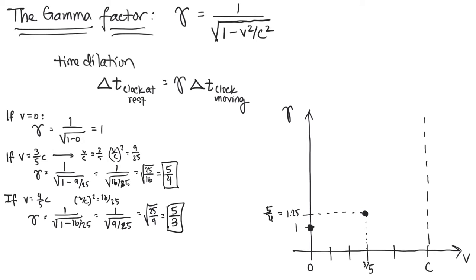So 5/3 is roughly 1.6, 1.7. We'll put that right here, 5/3, for a speed of 4/5 c. We put our dot right there.